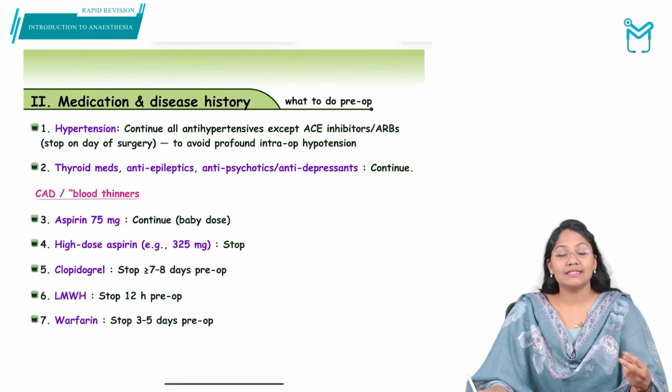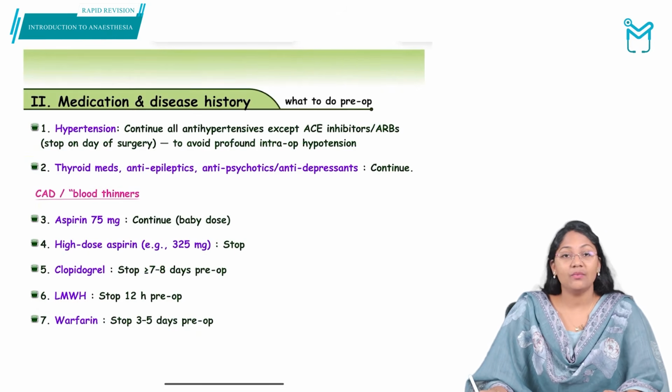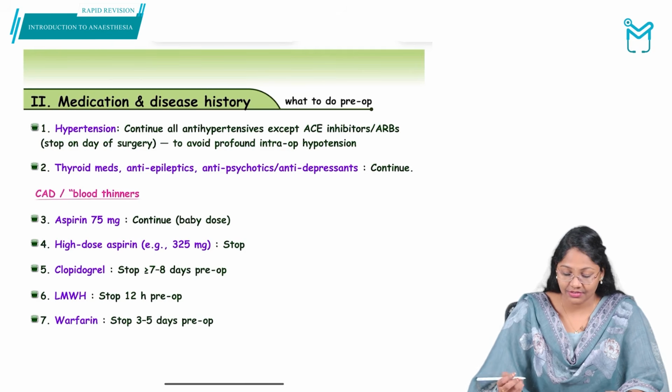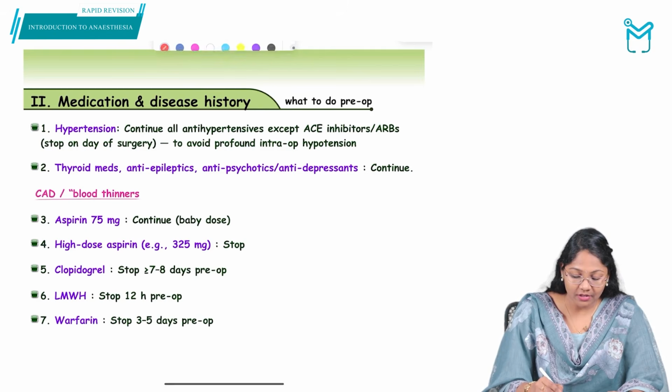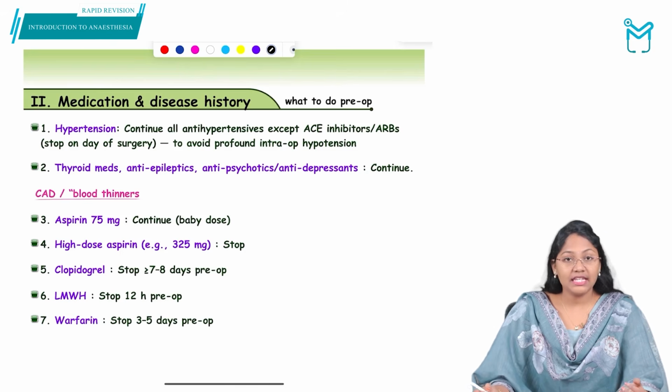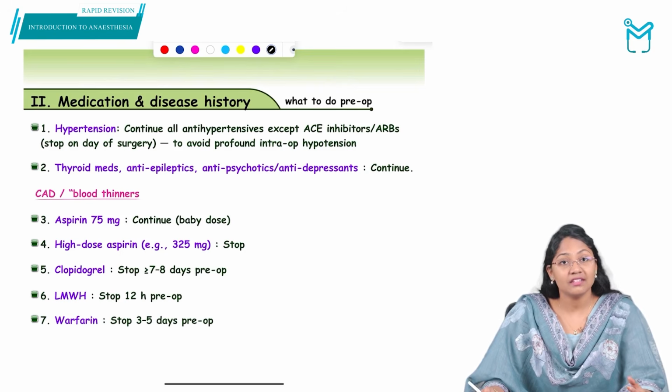Now coming to our second step in which we are doing the pre-anesthetic checkup, we will ask the patient about his medical as well as disease history. So what are the things we need to do in pre-operative process? The second step is we need to know about their medical history. Now these are the very common diseases and very common drugs which are used in our daily activities.